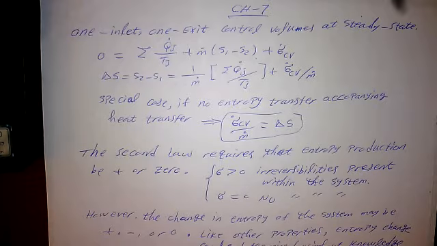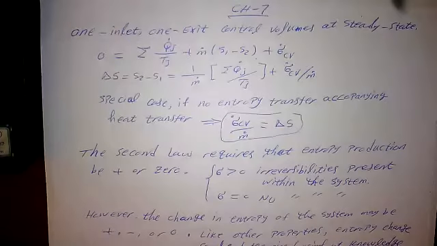If we rearrange this, and also talk about the change in entropy here, and divide every term by m dot, the change in entropy is S2 minus S1, as we factor 1 over m dot out of this part. And then the rate of entropy production is given by sigma dot for the control volume over m dot.